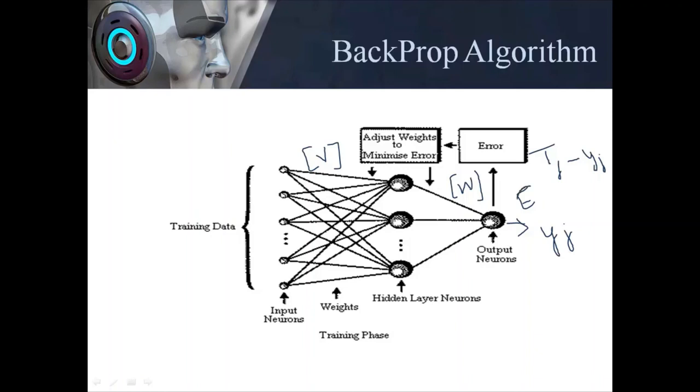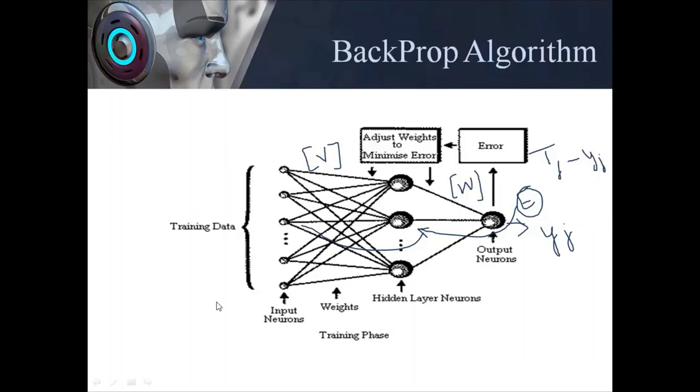Now this error is back propagated from the output towards the hidden and from hidden towards the input units, so that my weights V and W are adjusted so as to minimize the error in the next epoch. This is known as my training phase.